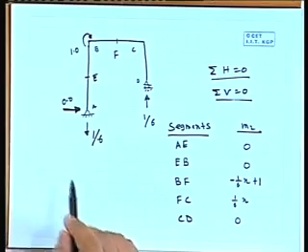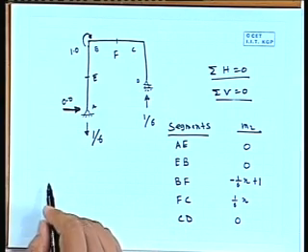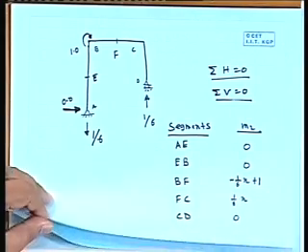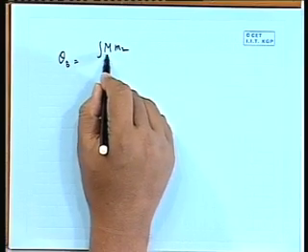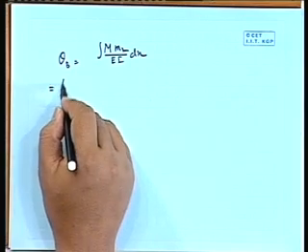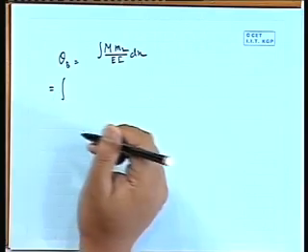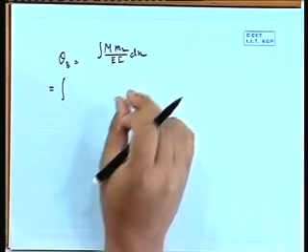So we can write, for finding out the slope at B, say theta at B, it will be the integral of M into M2 divided by EI dx.